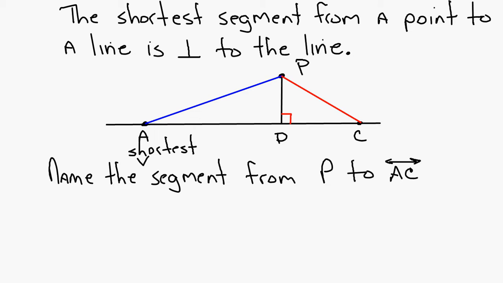What would the shortest segment from P to AC be? Segment PD, wouldn't it? All right. D's right here. Oh, I thought that was P. P is up here. Name the shortest segment from P to AC. It would be this segment PD, the black segment.